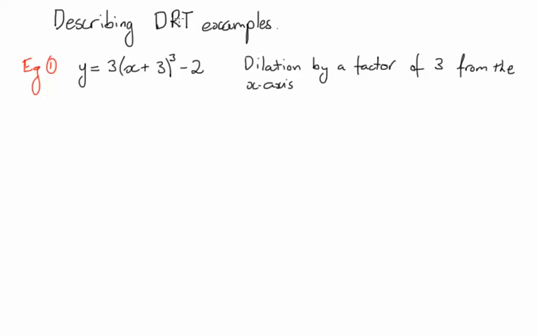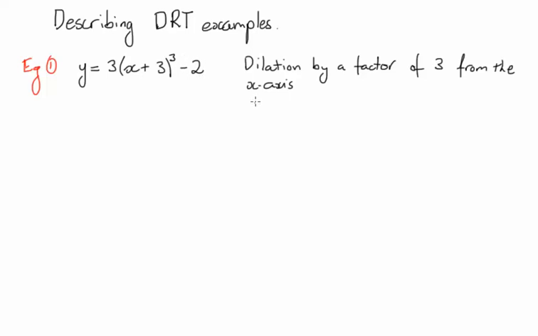Are there any reflections? Well, there's no negative sign here in front of the x, and there's no negative sign out the front here. So we can say no reflections. So let's leave reflections. Let's look at translations. We've definitely got some. So here we can see we've got x plus 3. So that's going to be moving 3 units to the left and 2 units down.